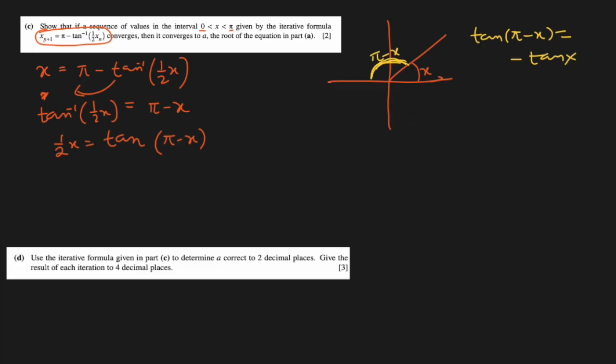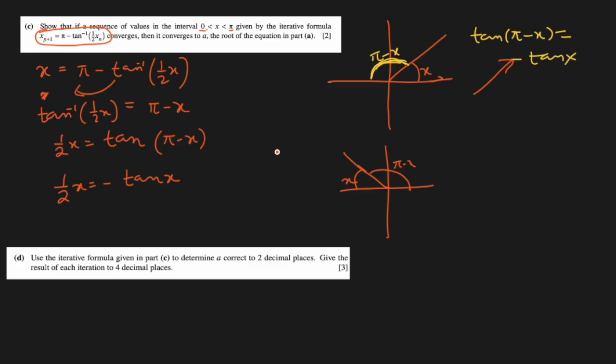Or else, because they have said between 0 and pi, x can be here also. So what is tan of pi minus x? This is pi minus x again, and the situation is the same. It is actually in the second quadrant, that's why it is negative. So in both cases we can write half x is equal to minus tan x, right?